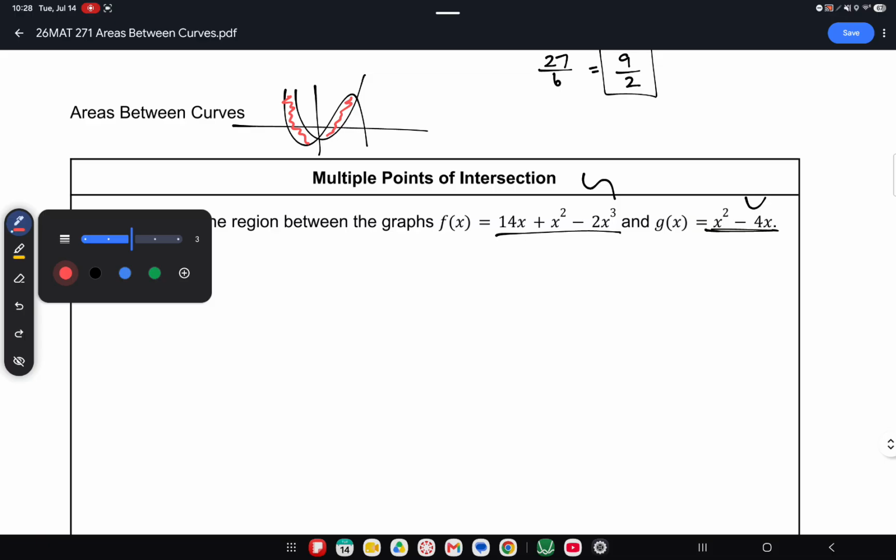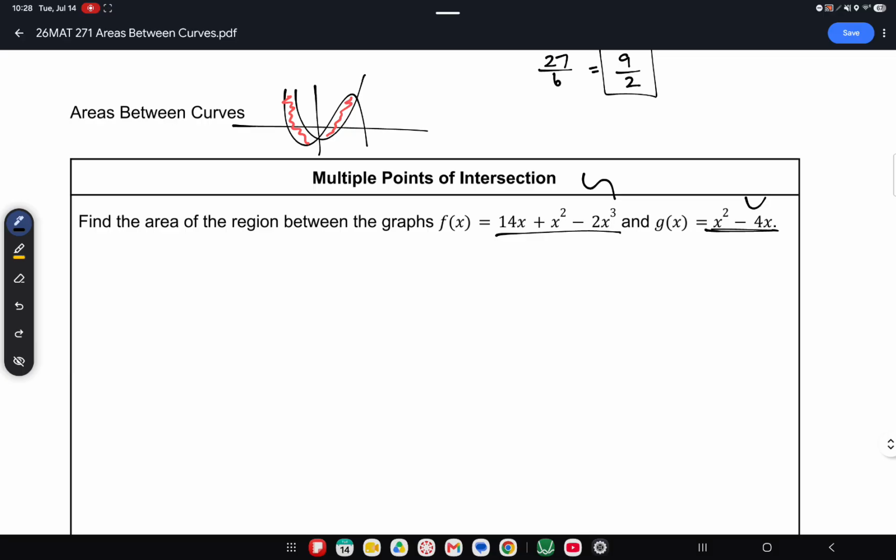So we have two different integrals that we're going to add together, and in one scenario, g of x is on top. So we have one function like this, and the other one where it switches. Okay, so we'll just keep that in mind.